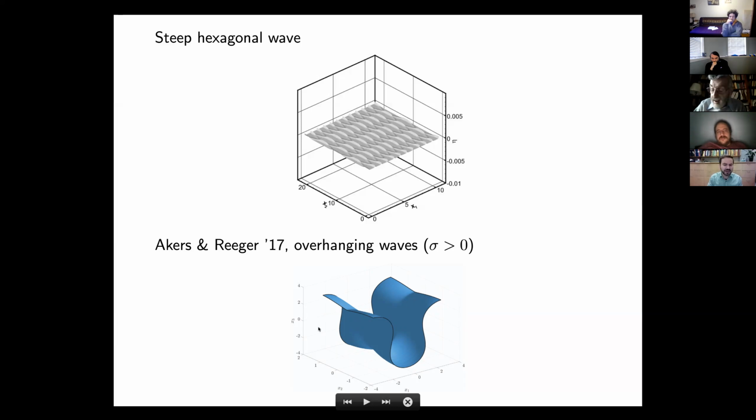So I think what they do is essentially that they start with something like Crapper's waves, which we heard Vera talk about, and then they do sort of dimension breaking and bifurcation. So they add sort of weak variation in the transverse direction. And again, proving something rigorously about this would be very interesting. So there are essentially no global bifurcation, even sort of abstract global bifurcation results for this case, as far as I know.